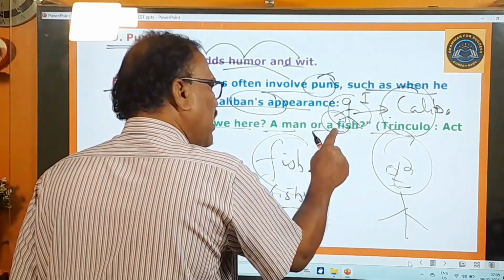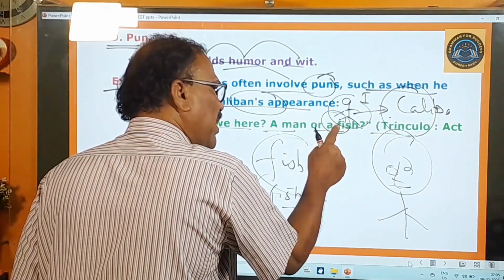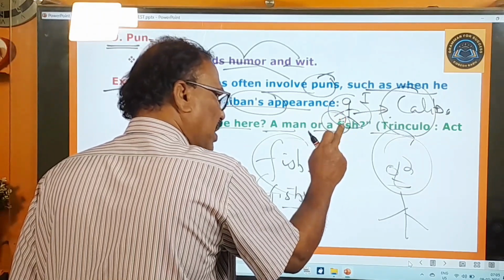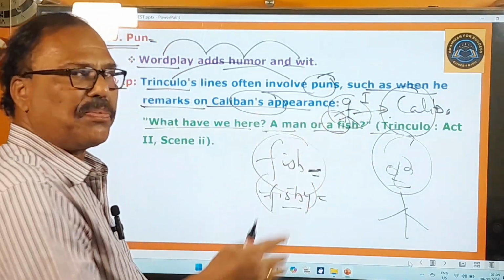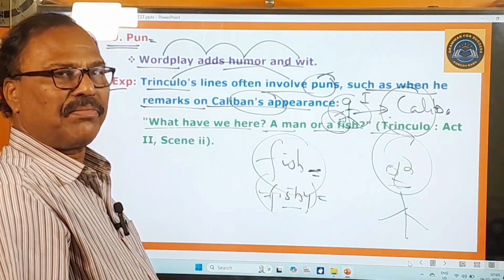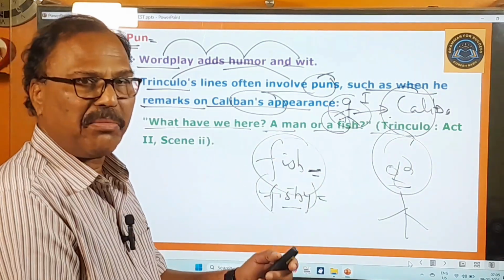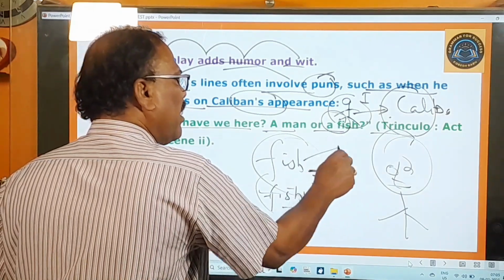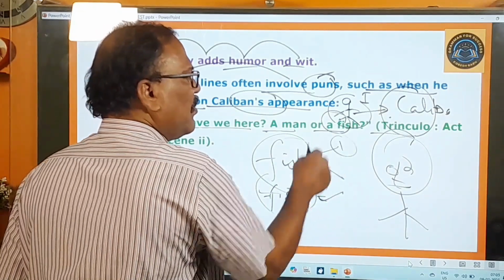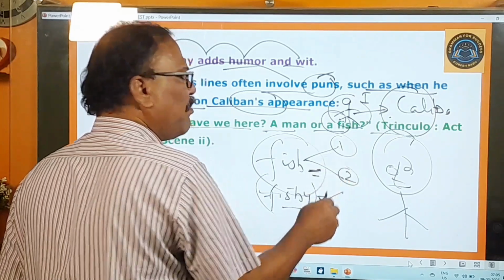So here the pun is played on this fish, whose literal meaning is a sea creature or a water creature, and whose figurative meaning is something that is suspicious or strange. So here, one word has two meanings: a water creature and something suspicious.